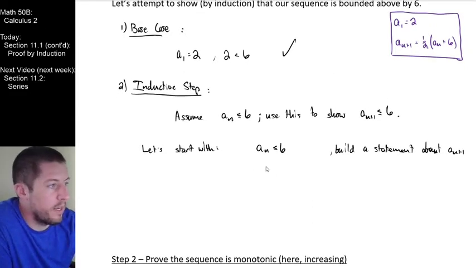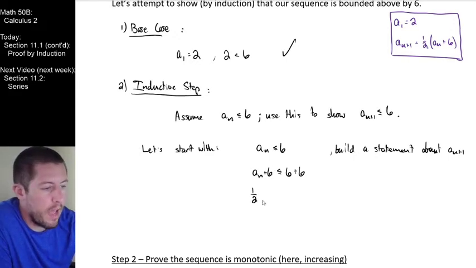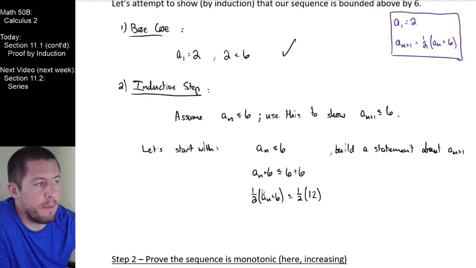So a sub n plus 6 is less than or equal to 6 plus 6, which is clearly 12. And then half of a sub n plus 6 is less than or equal to half of 12. And 1/2 of a sub n plus 6 is by definition what a sub n plus 1 is.